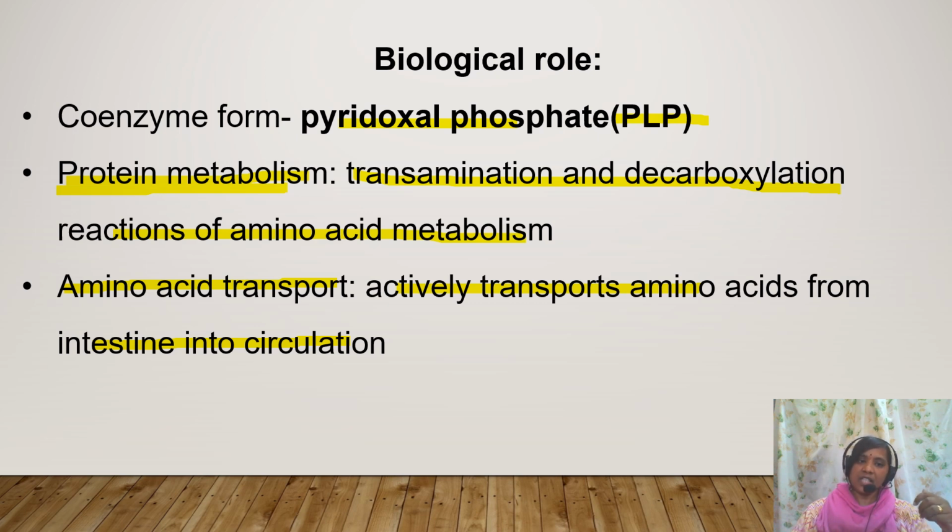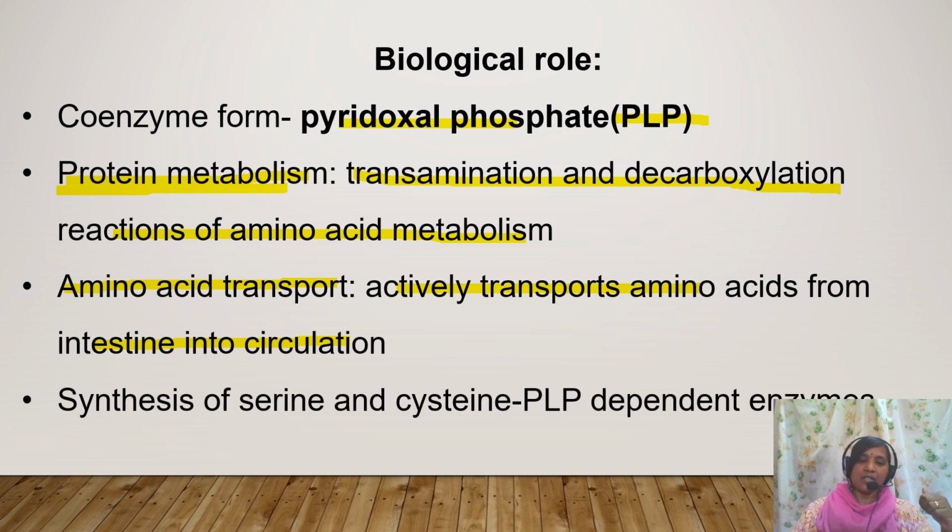It is also required for the synthesis of two important amino acids, serine and cysteine. The enzymes that synthesize these two amino acids are also PLP-dependent enzymes, or they depend on this coenzyme for the synthesis of these amino acids.